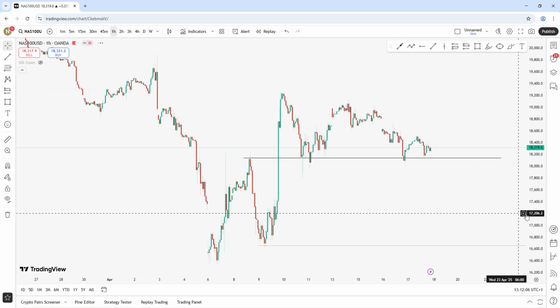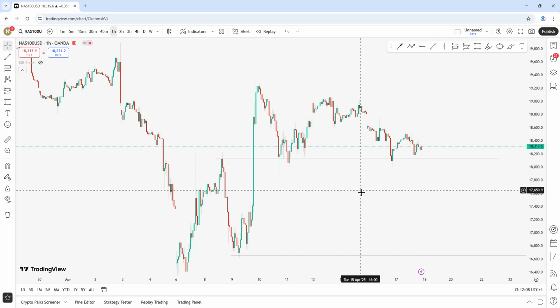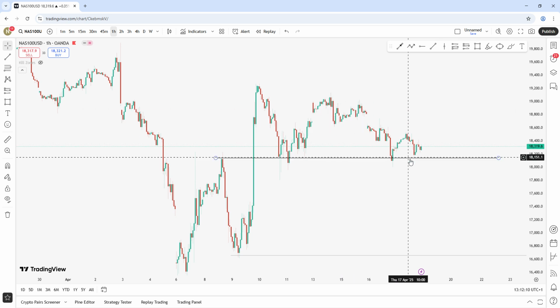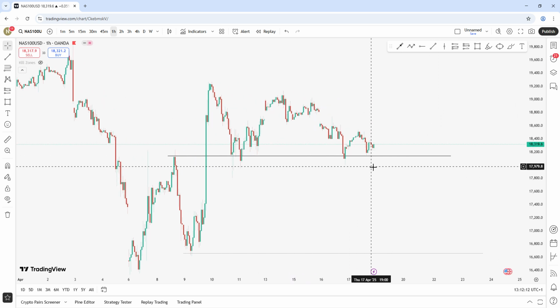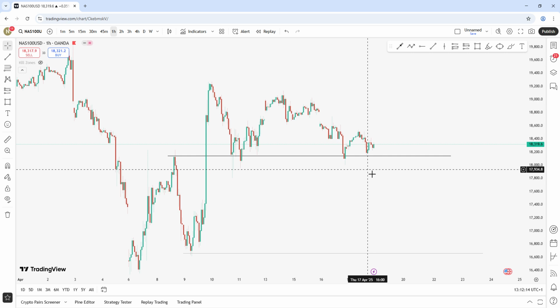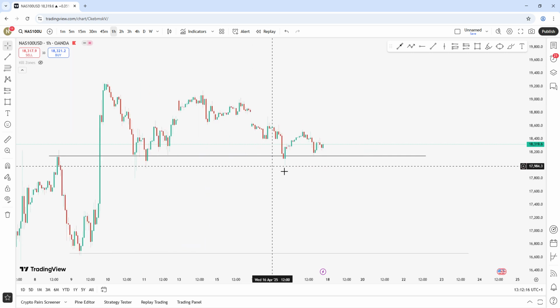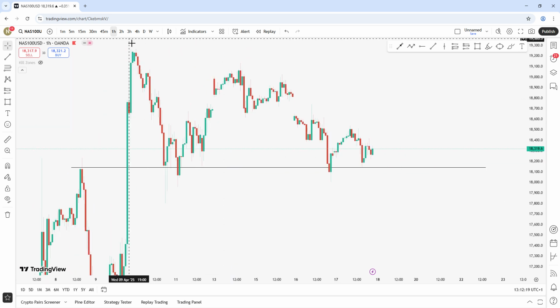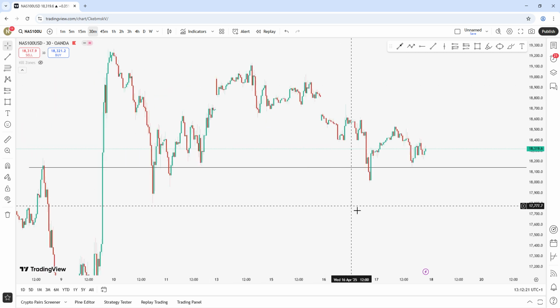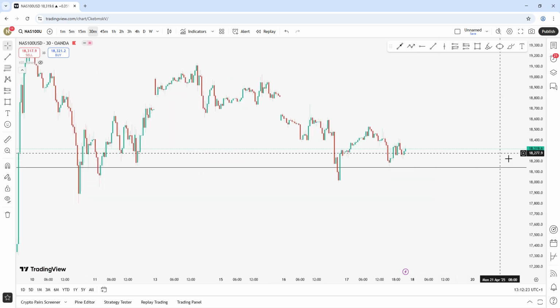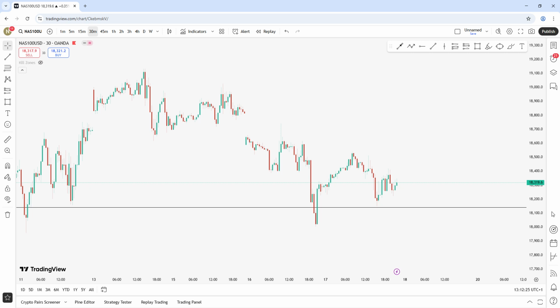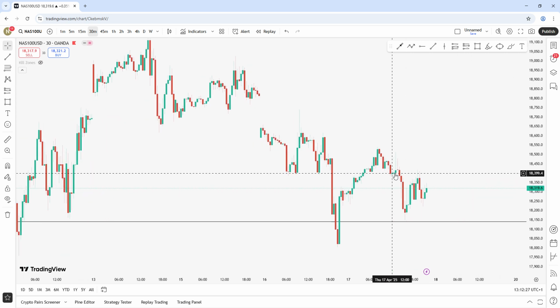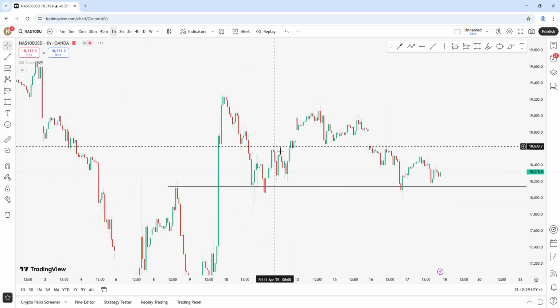If you look on 1 hour, on a bigger picture, it looks like it wants to go back up, but it just wants to pick up some money, get some more liquidity. But if you look at it on, like I said, 30-minute, we can see that you can trade within the big trend. Look, this is the big trend, okay?